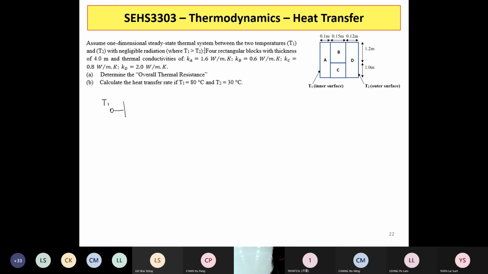So we have the conduction through the material A. So this is RA, right? And wall A, and B and C are in parallel. So this is RB. This should be RC.